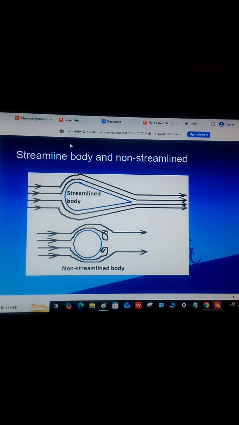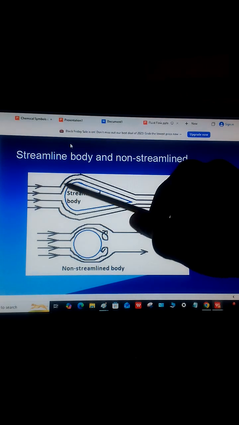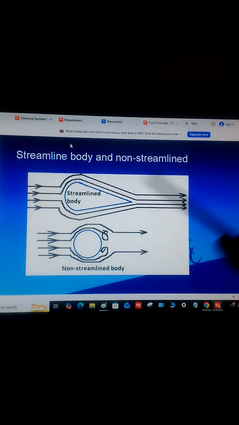Now next, let's look at streamlined and non-streamlined bodies. So we have in that diagram, this body is streamlined and this one is not streamlined. So a body is said to be streamlined if it does not affect the distribution of the streamlines behind it.